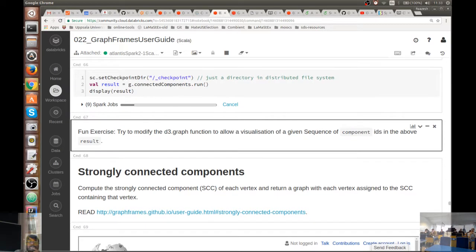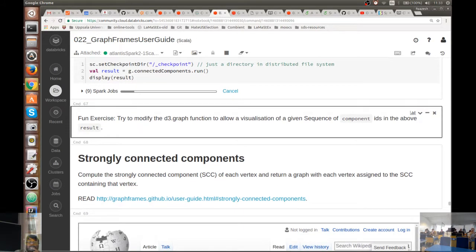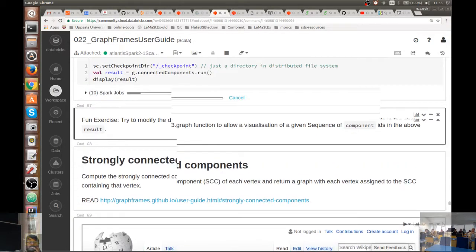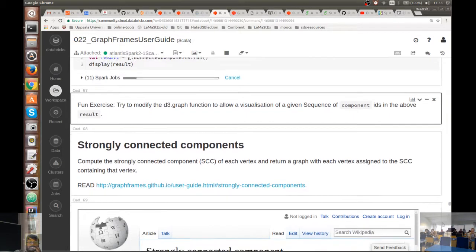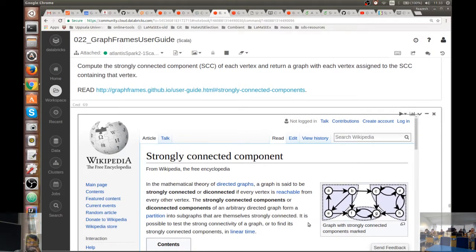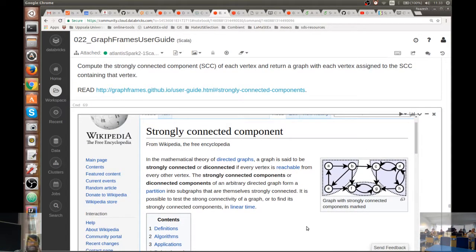Now, strongly connected components is the extension of the notion of connected components for a directed graph. Let's check this out, right? Because in a directed graph, ordered pairs of nodes matter. So we say a graph is said to be strongly connected if every vertex is reachable from every other vertex, right?